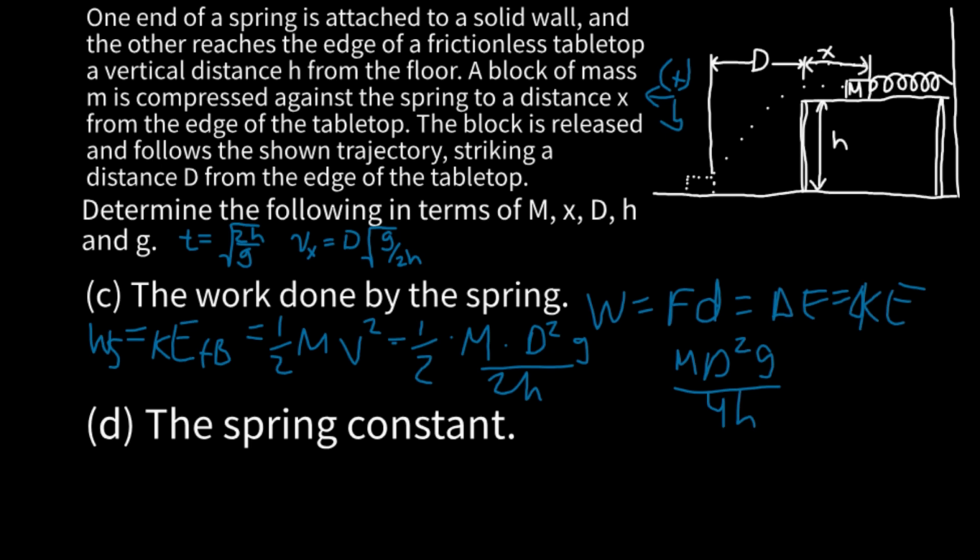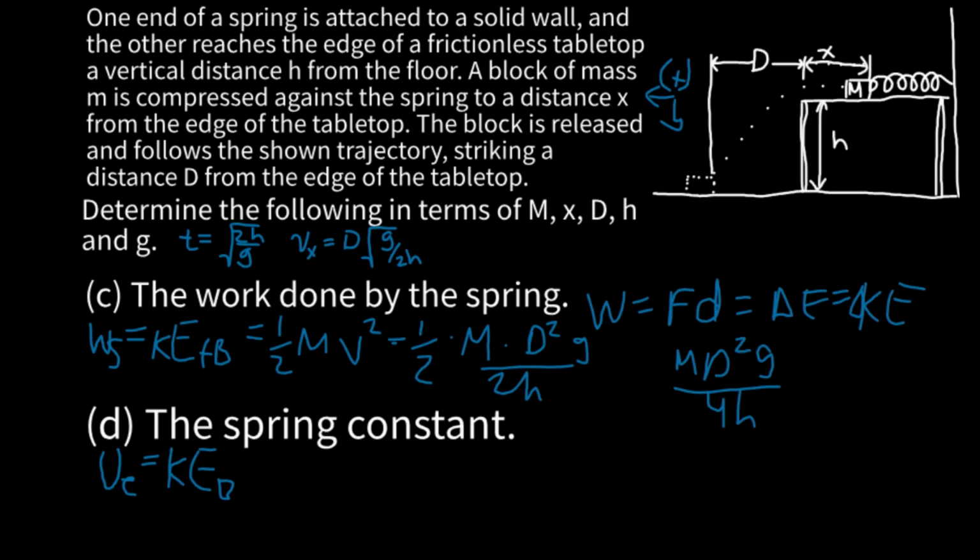And last but not least, we want to determine the spring constant of the spring. In that case, we are going to use the conservation of energy. So the maximum elastic potential energy of the spring is going to equal the maximum kinetic energy of the block. These are both maximum values because now we're considering our system to be the spring, the block, nothing else. No earth in our system means we have no gravitational potential energy.